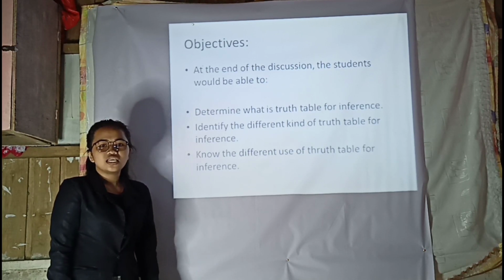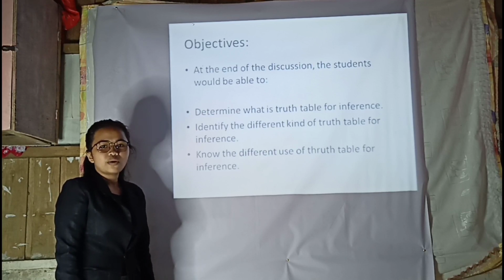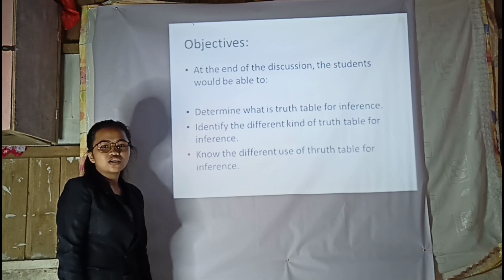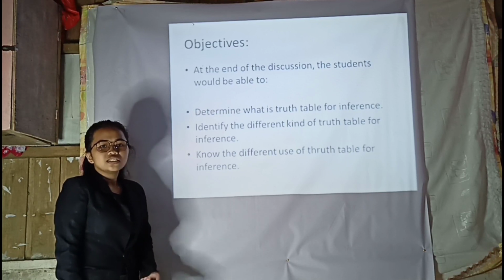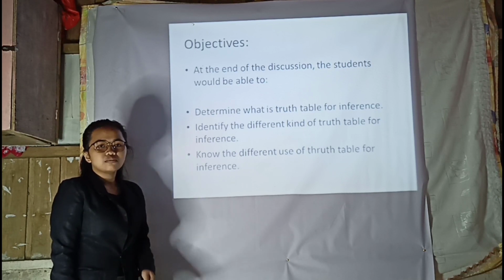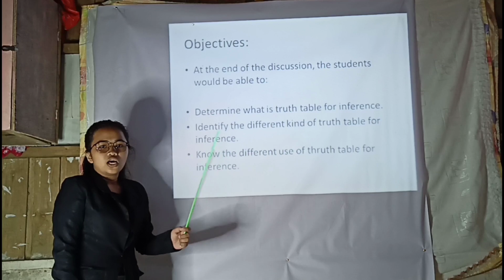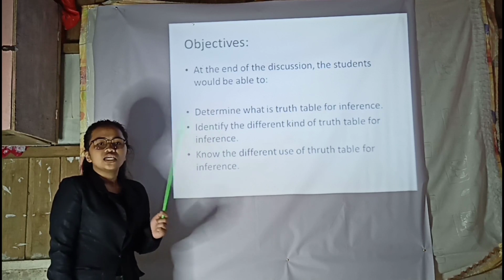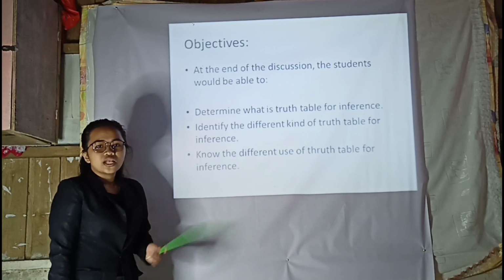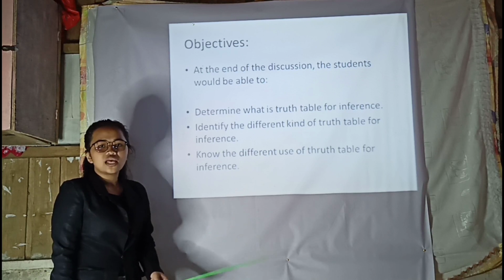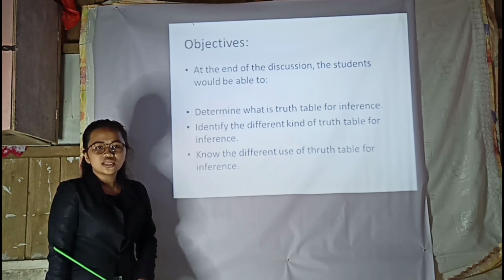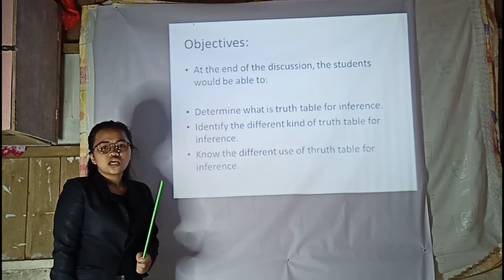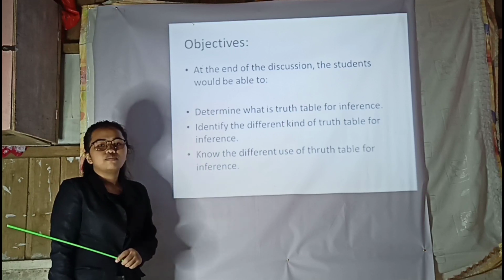An argument in propositional logic is a sequence of propositions. All but the final proposition are called premises. The last statement is the conclusion. The argument is valid if the premises imply the conclusion. An argument form is an argument that is valid no matter what propositions are substituted into its propositional variables.